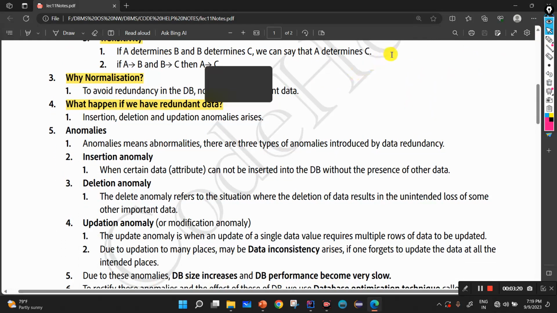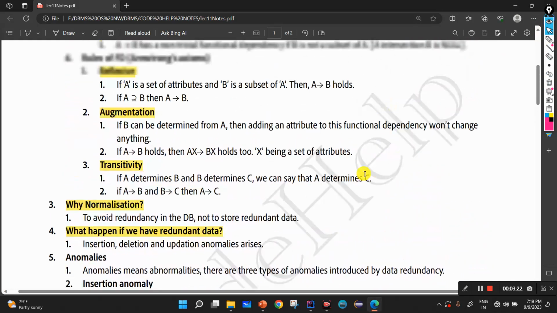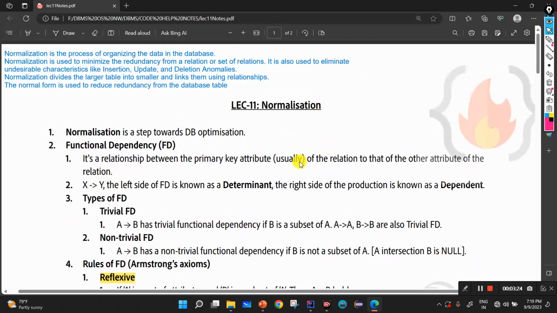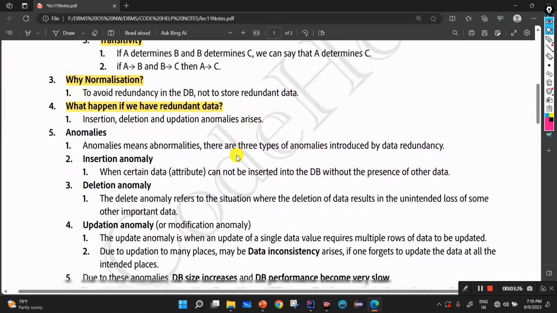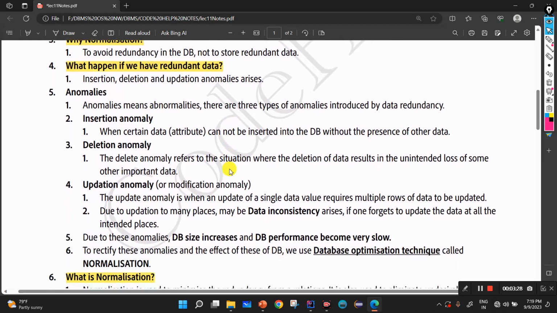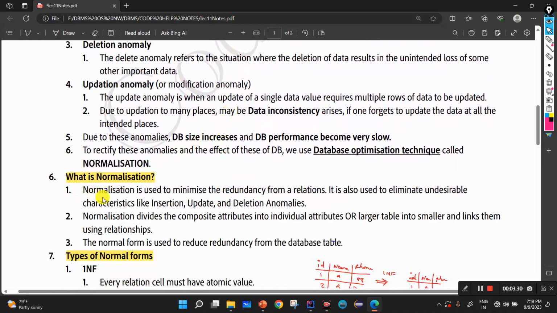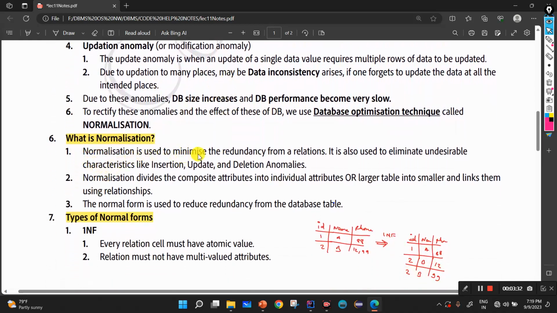Now the question is, why normalization and what is normalization? Let's talk about normalization. Normalization is used to minimize the redundancy from a relation.